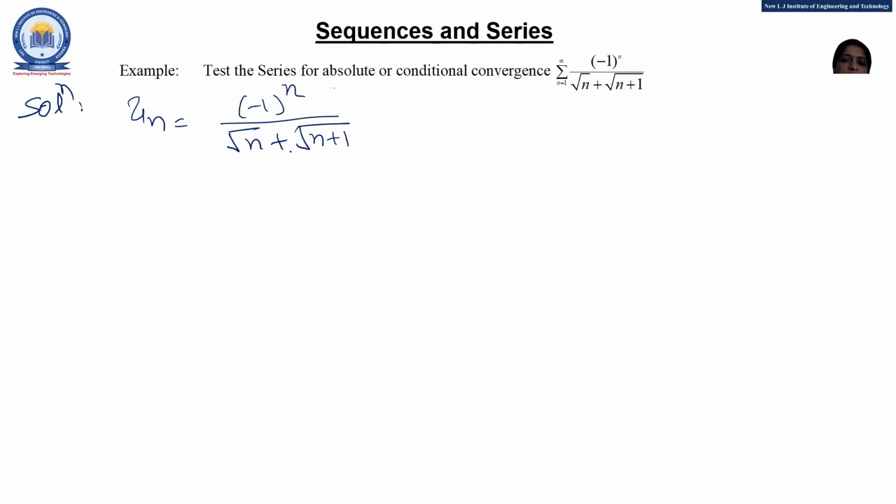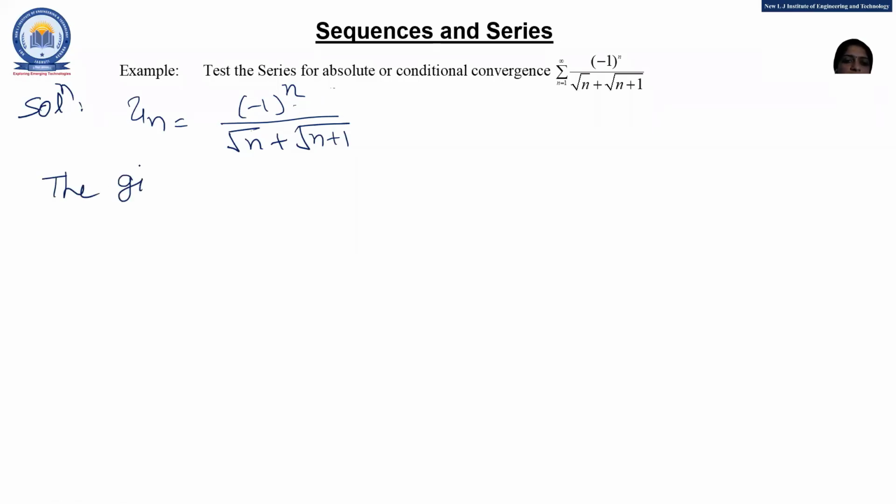Students, in this series, there is no n power or anything like that, so I'm not applying the ratio test here. I'm going for the Leibniz test, because the given series is an alternating series.